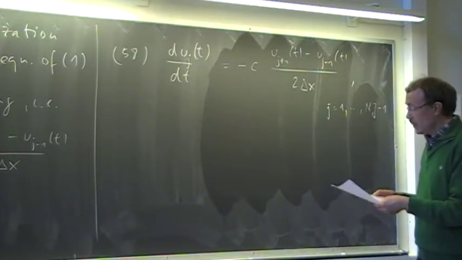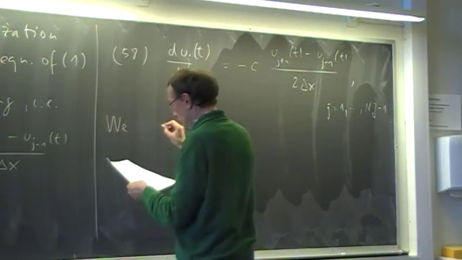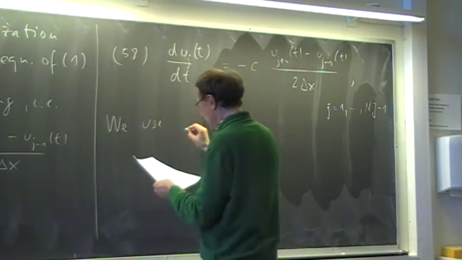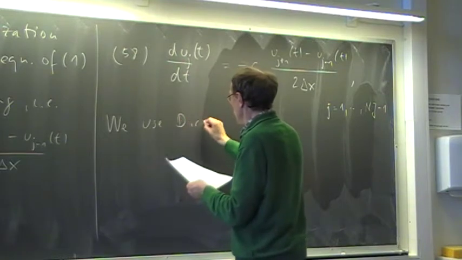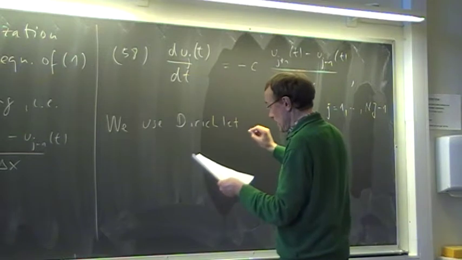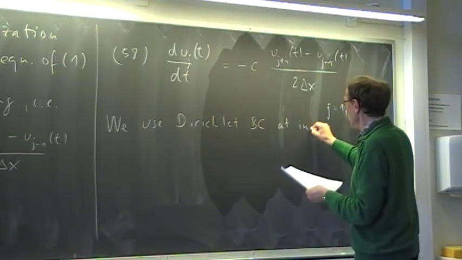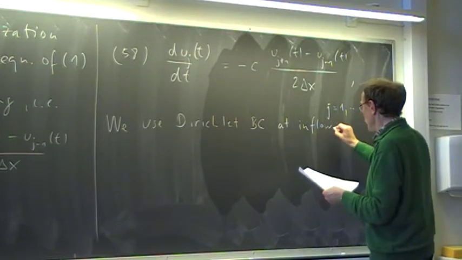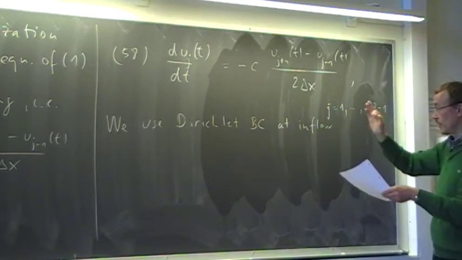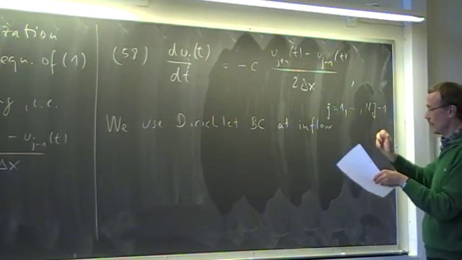So then we use the Dirichlet boundary condition at the left boundary, if c is positive. And in general, we can call that the inflow boundary. That is where flow is entering, where advection is coming from.